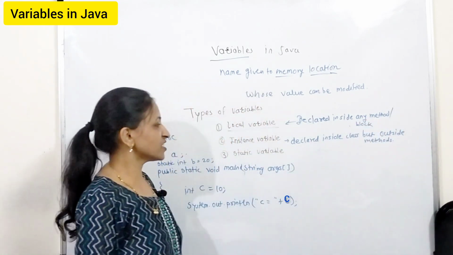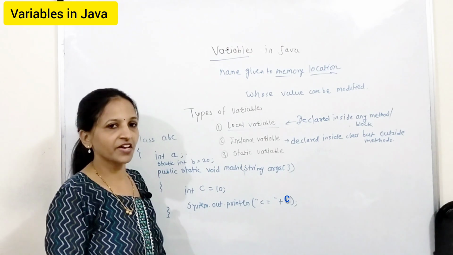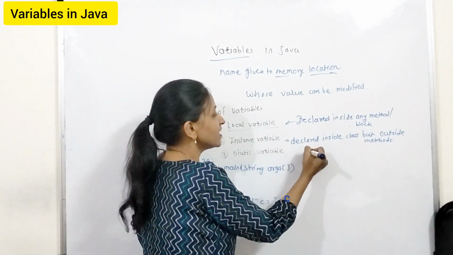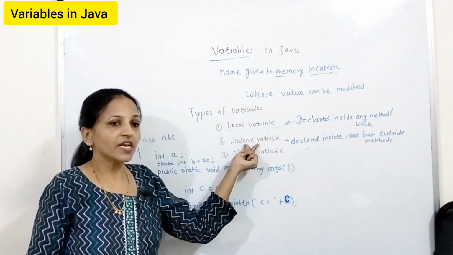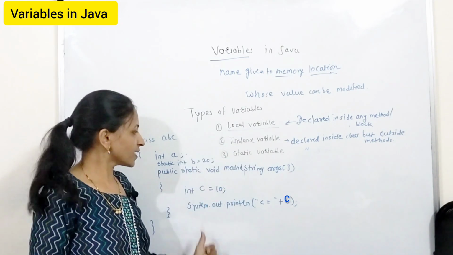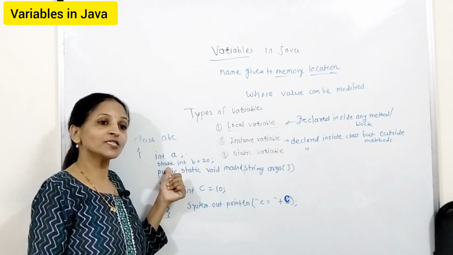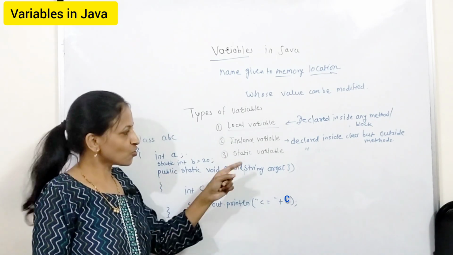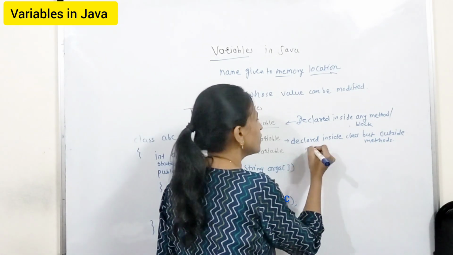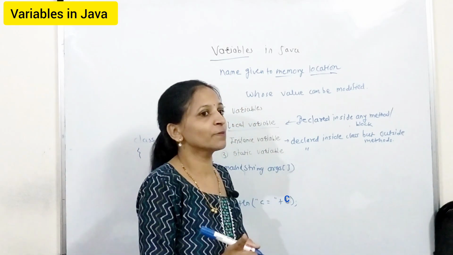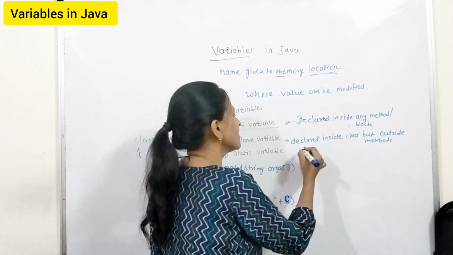Now see what is the difference between an instance variable and a static variable. Both are declared inside the class but outside methods, but if you declare a variable inside the class and outside methods with the help of the static keyword, then that is called a static variable or class variable. You have to declare it inside the class but outside the method, but with the static keyword.